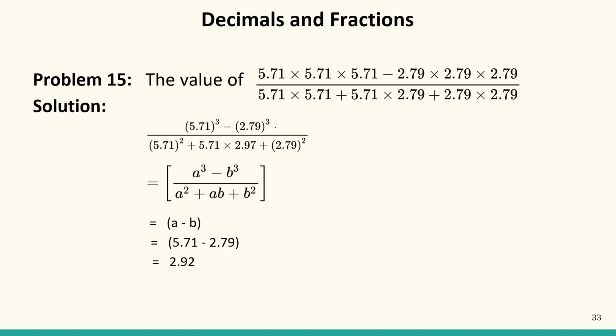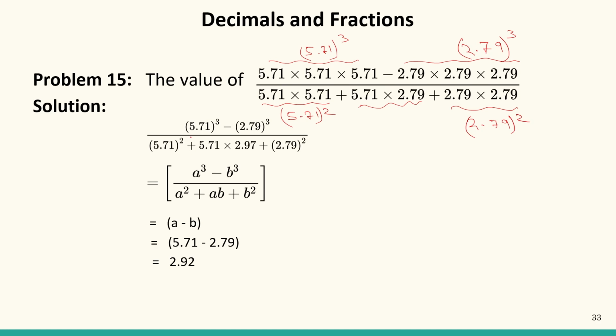We can write the numerator as 5.71 whole cube minus 2.79 whole cube, and the denominator as 5.71 whole square plus 5.71 into 2.79 plus 2.79 whole square.